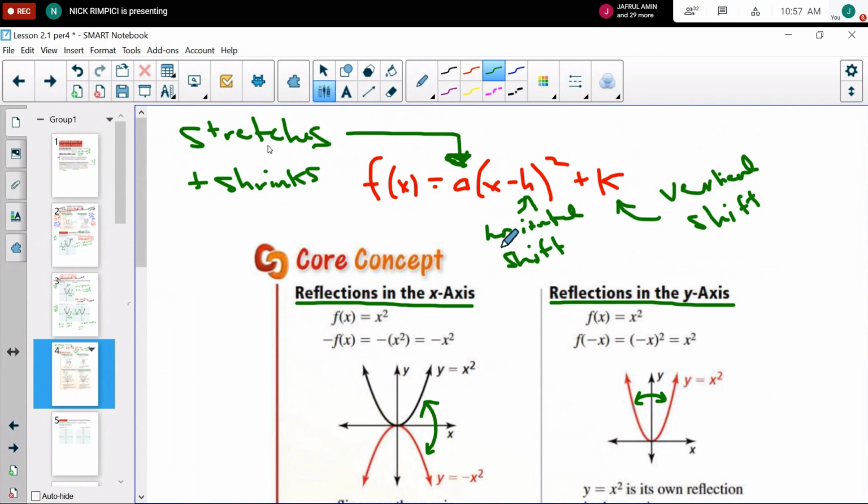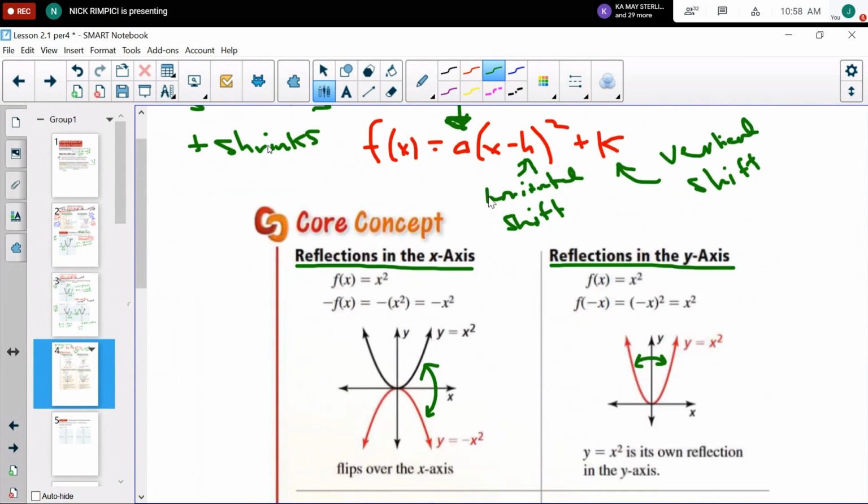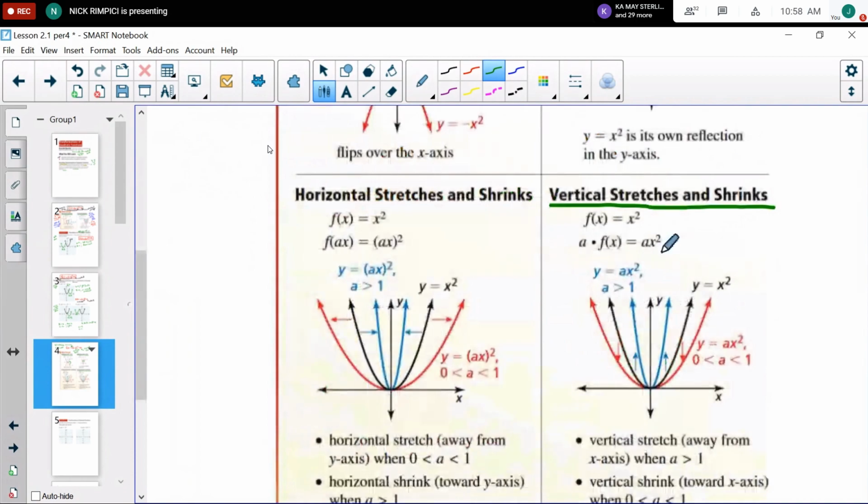Whenever you change the whole function by adding, subtracting, or multiplying, that's some type of vertical change. When you tamper with the x value inside the function, that's some type of horizontal change. Knowing this allows me to solve these problems a little faster, because I have an idea of what's happening. So I'm going to take care of the vertical first.